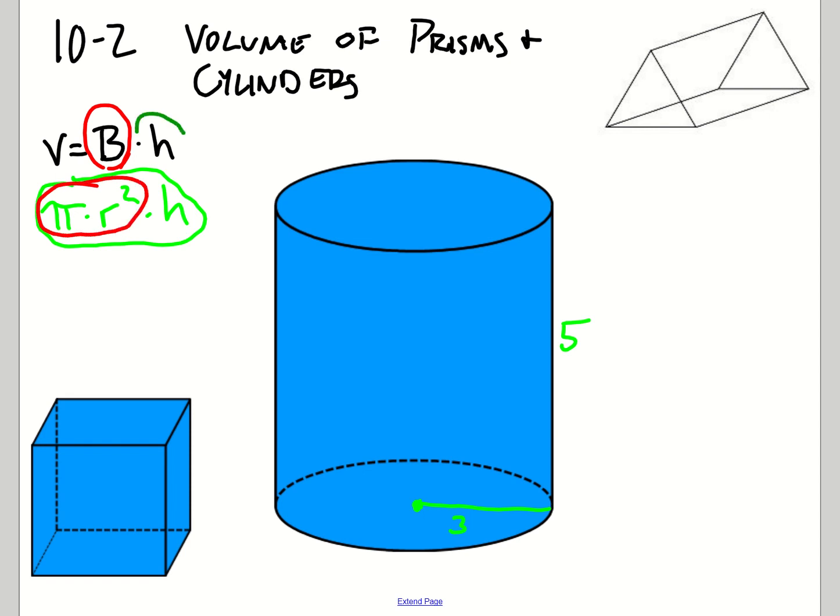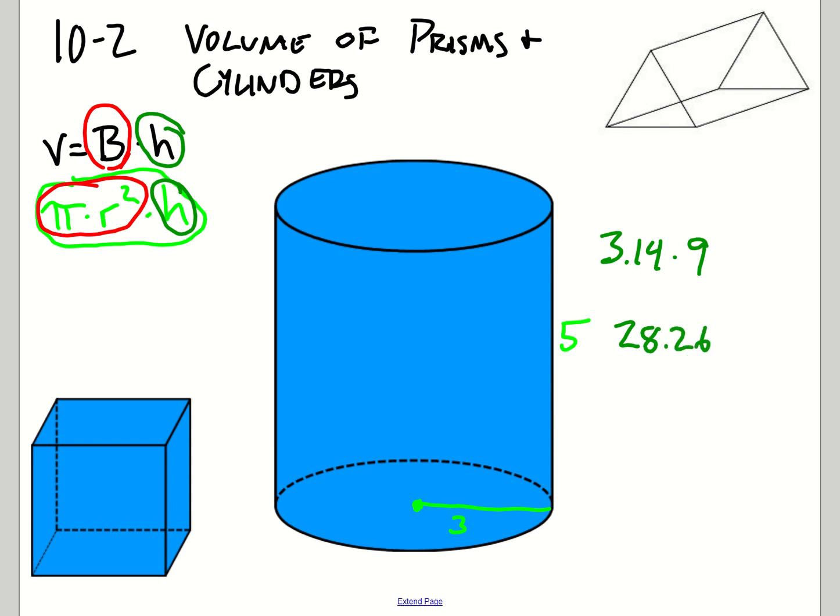times my height. So if I solve this out, pi is 3.14 times my radius squared is 3 squared. Well, 3 squared equals 9. And then 3.14 times 9, that as a total would equal 28.26.